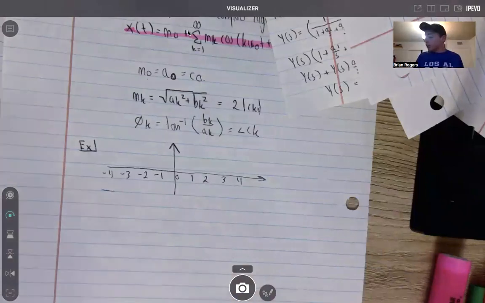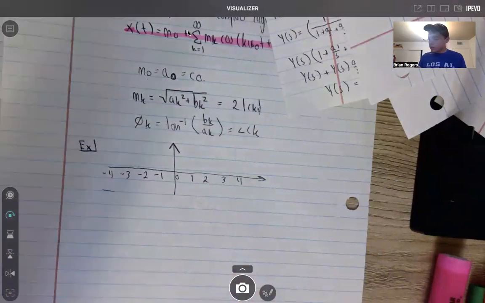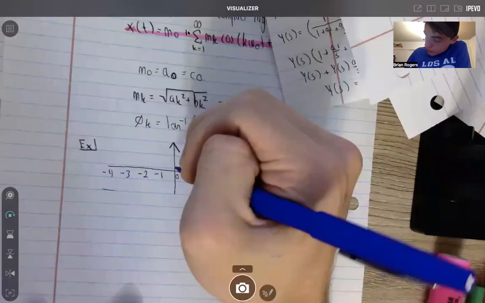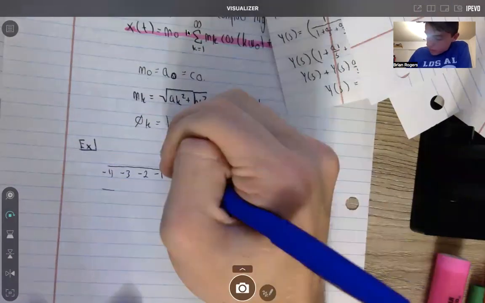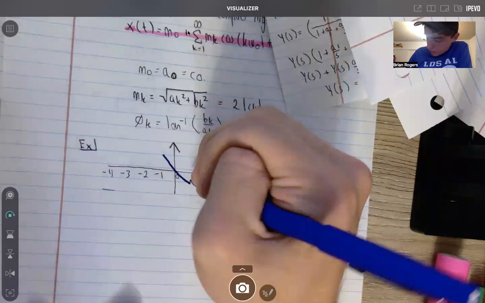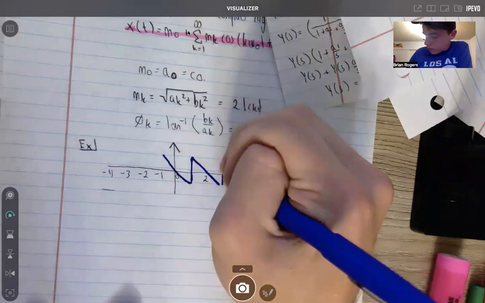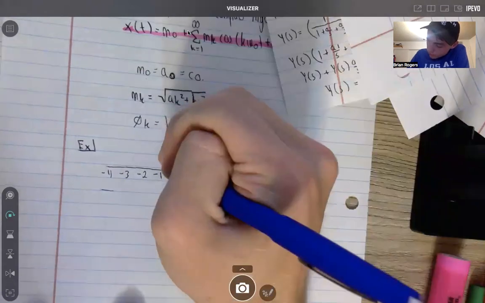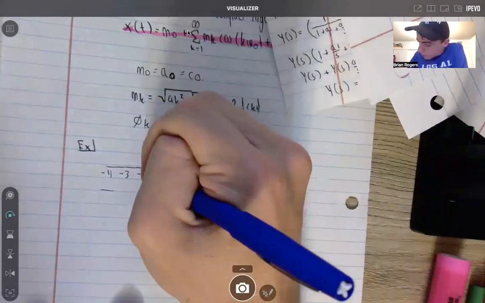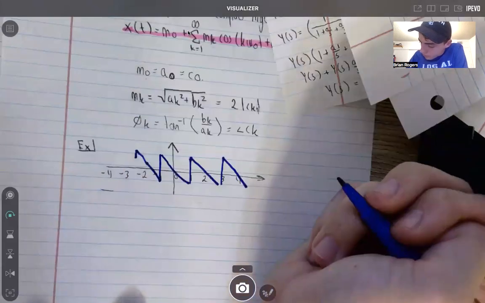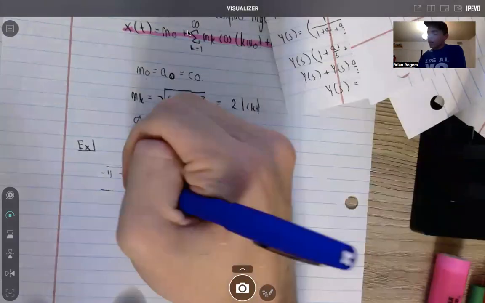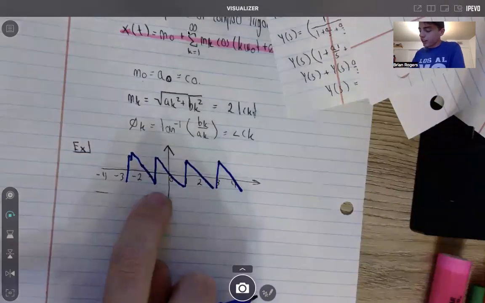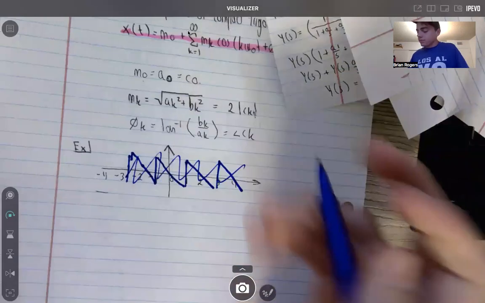It looks something like this, where it goes through the origin. Okay, and then here it goes, something like that. Oh, oops, wait, nope, it does not look like that. Ignore that real quick. We'll redraw that.